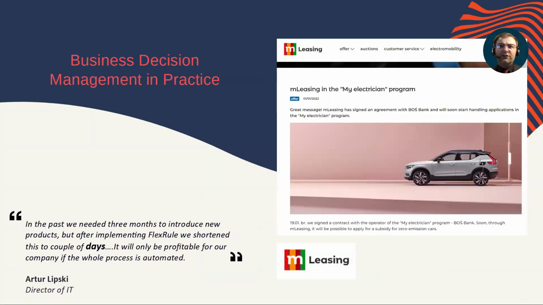FlexRule has many different use cases across many different industries. And just to give you an idea what that looks like if you manage business rules effectively, I want to talk a little bit about M-Leasing. M-Leasing is the second largest online leasing company in Europe. They're part of mBank. mBank does use FlexRule, but for separate other use cases.